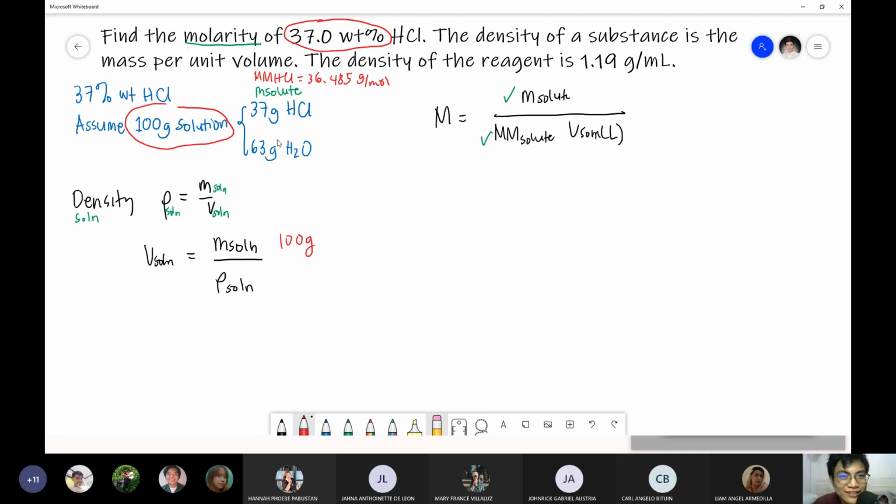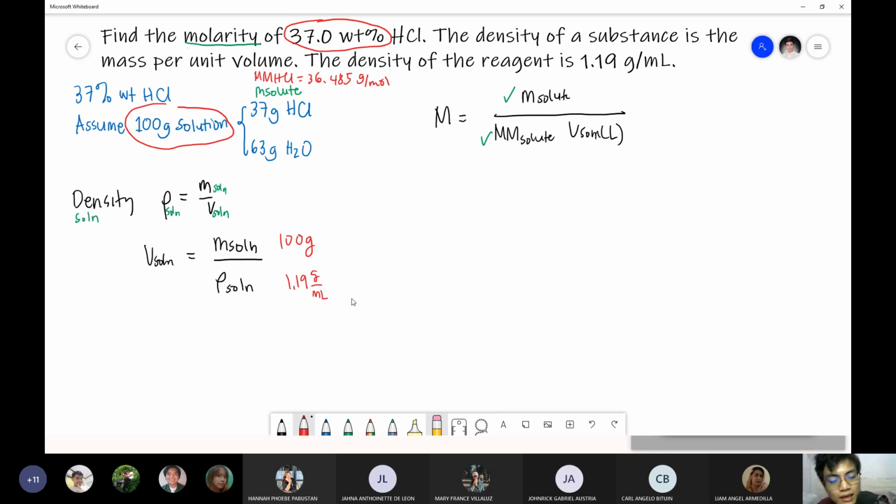Mag-ingat kasi ako rin, minsan naduduling eh. Iba yung solution sa HCl ha. Okay. Yung inassume mo na mass, yun na yung mass ng solution mo. In our case, 100. Ba't ka nag-assume ng 100 mass? Para mas madali yung calculation. For the density, it's already given, 1.19 grams per ml.